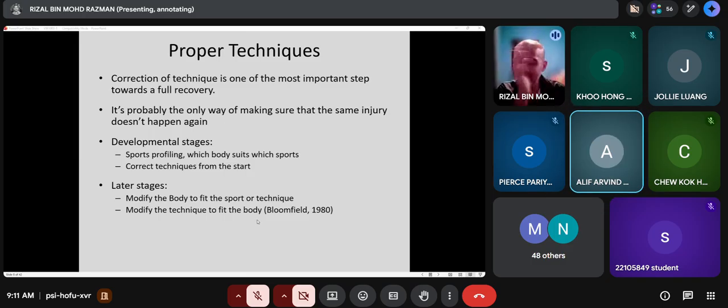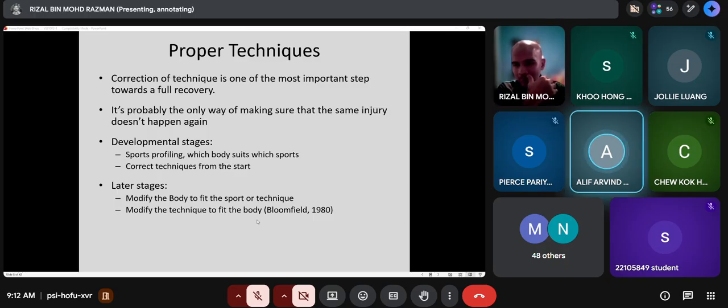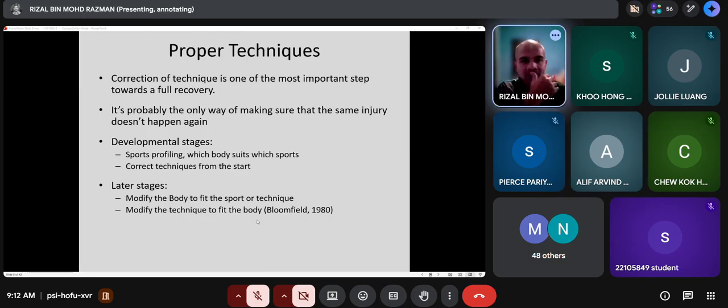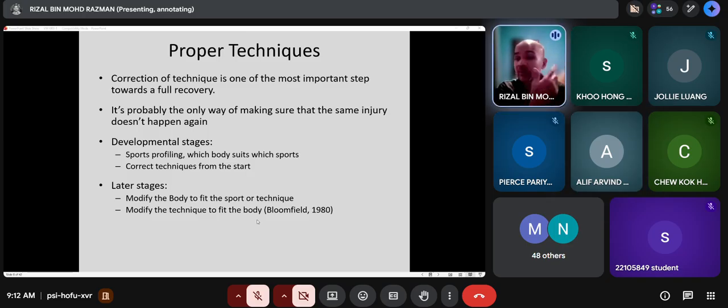Either, whatever perspective. Third party, first party, second party perspective. Maybe parents can help overlook them. Okay, parents can help. Teachers can help. But before that, parents and teachers must have the knowledge. Yes. They must have knowledge of the sport or knowledge in biomechanics, or a combination of both, even better. Then you have the proper techniques. They learn the proper ways from the start.